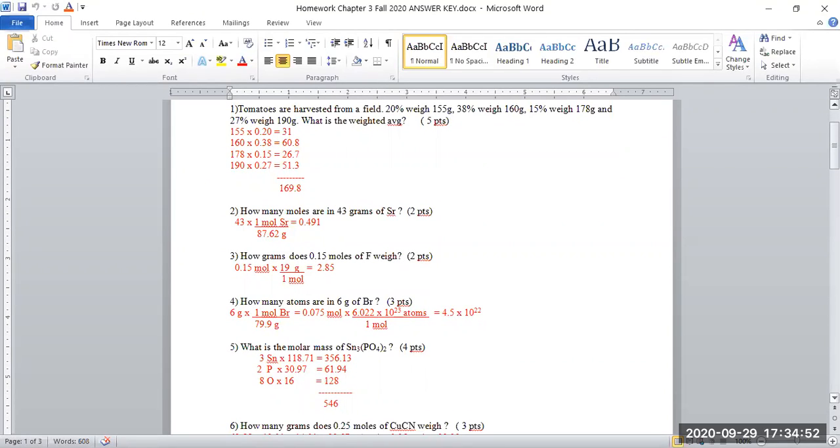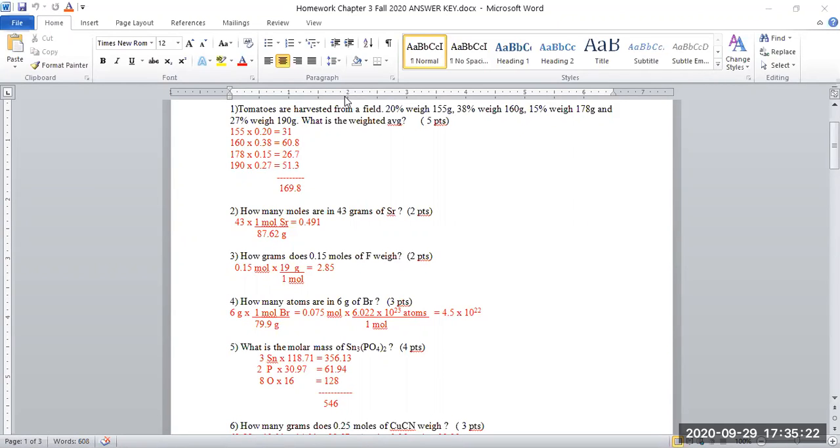Then we move on to utilizing grams and moles and molecules or atoms. For strontium, when you look up strontium on the periodic table, you have 87.62. And 43 divided by that should give you 0.491 as your number of moles.